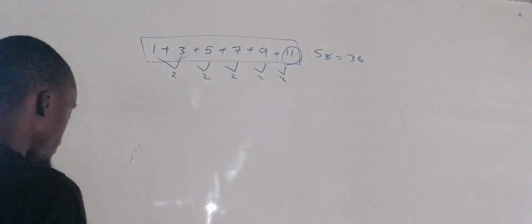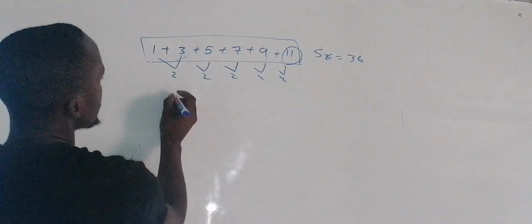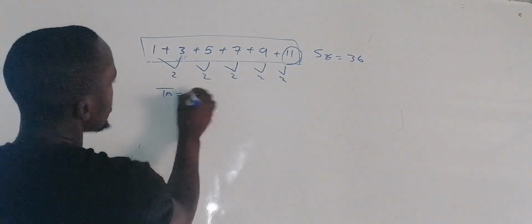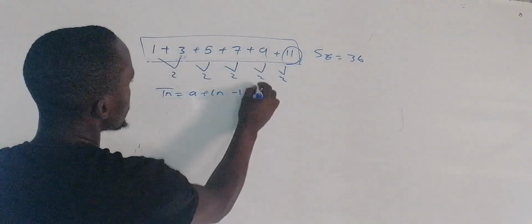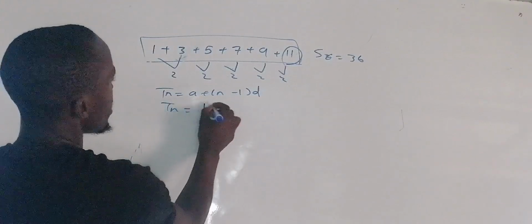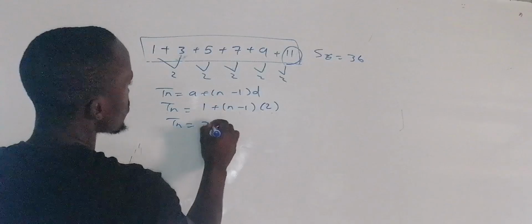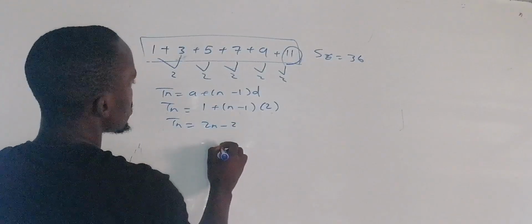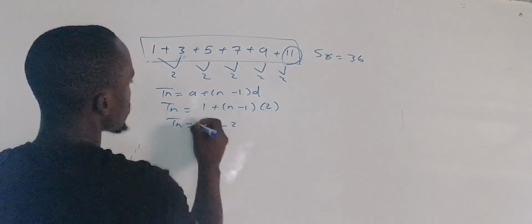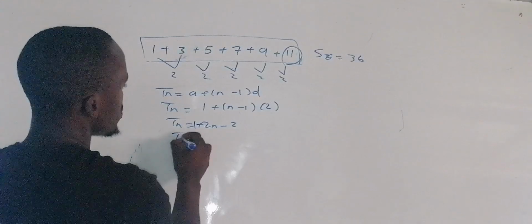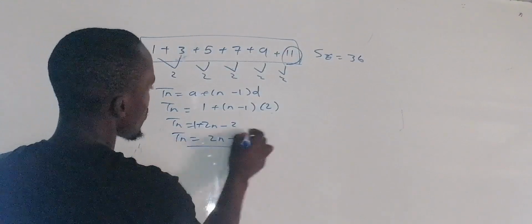We have to find first the general formula. Tn equals a plus n minus 1 d. Therefore Tn equals 1 plus n minus 1 times 2, so Tn equals 2n minus 2 plus 1, therefore Tn equals 2n minus 1.